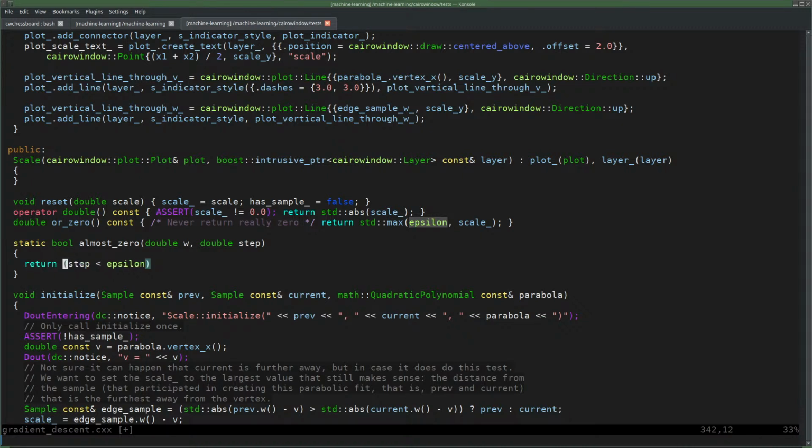But also, if almost... no, it is not it. Can I use almost equal? It's kind of... no, it's not the right thing. I don't want to know almost equal here.